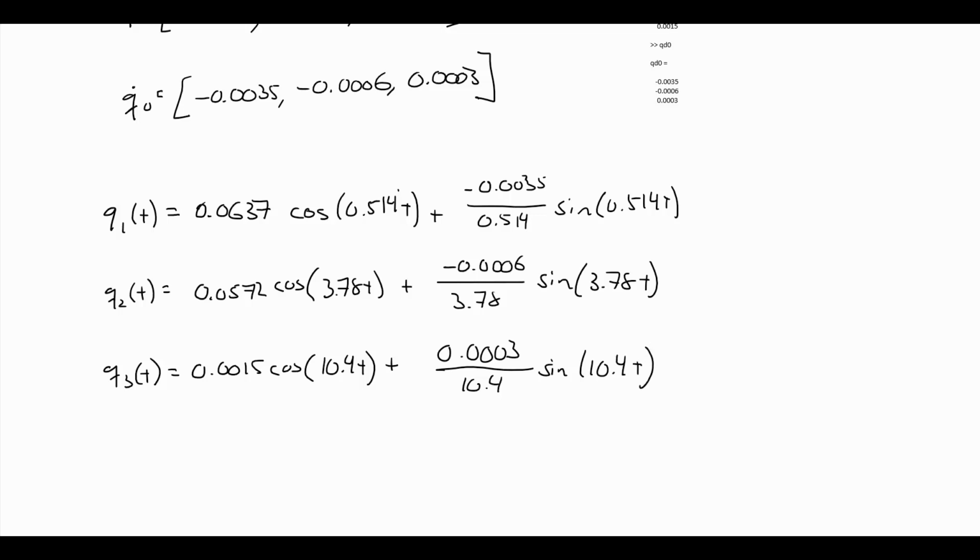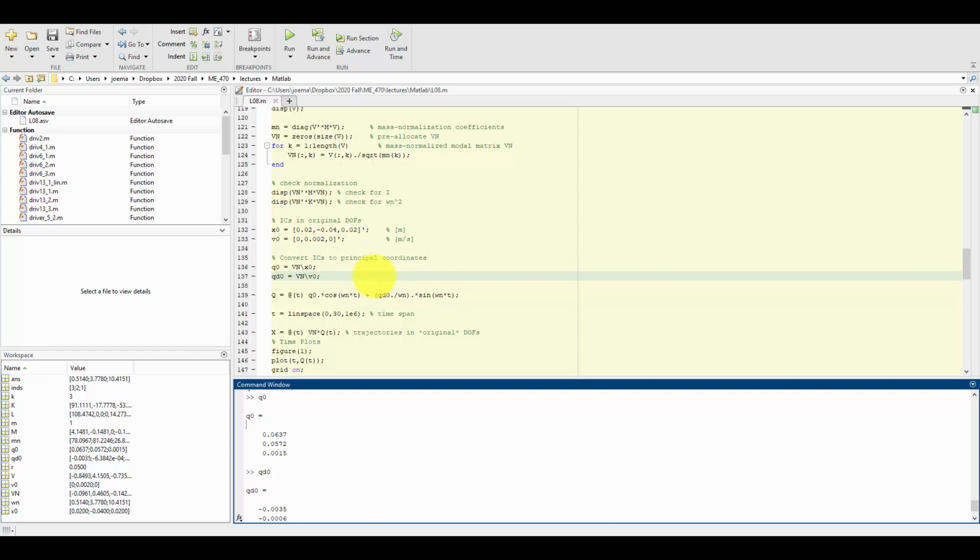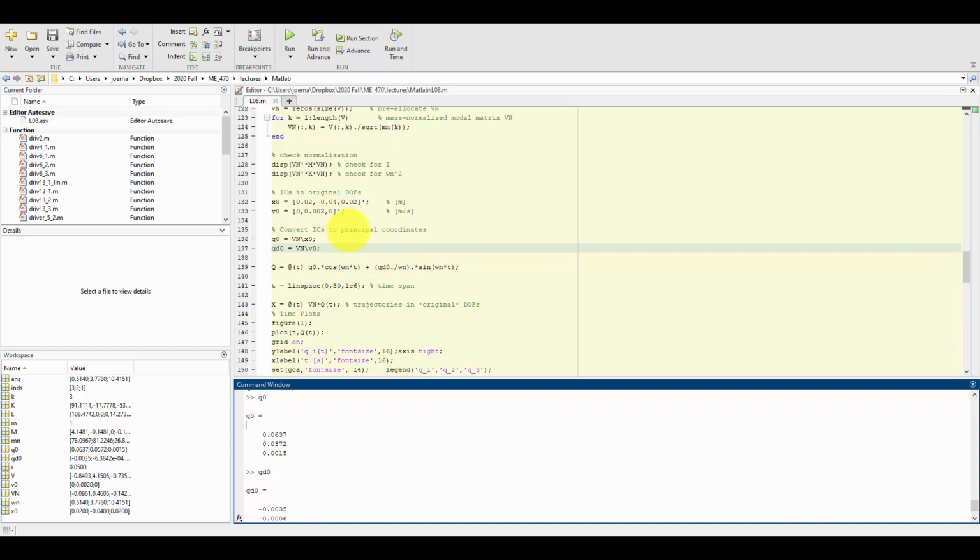So these are the solutions to our three principal coordinates, Q1, 2, and 3, each one oscillating at only a single frequency, the corresponding natural frequencies. In this case, I ordered them in ascending order. First, let's see what just the principal coordinates are going to look like if I plot them.